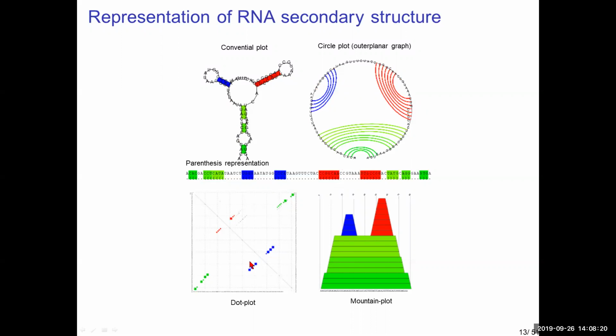Alternatively, you could build a dot plot. A dot plot is a scatter plot that has a dot for every base pair. You draw the sequence here and there, and then you ask what are the self-similarity patterns of that sequence, and also what are the folds of that sequence. For example, here you can see that the green one at the beginning, the red one in the middle, and the blue one here are matching the green one, the red one, and the blue one there.